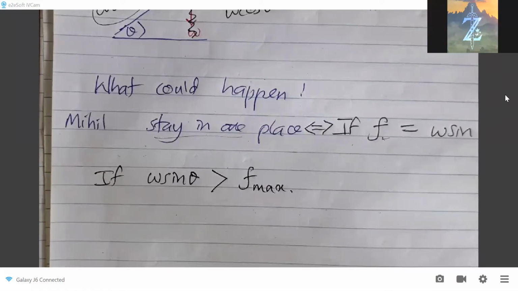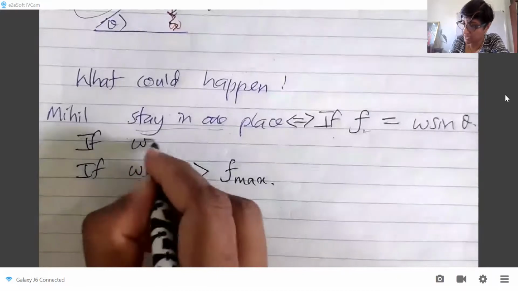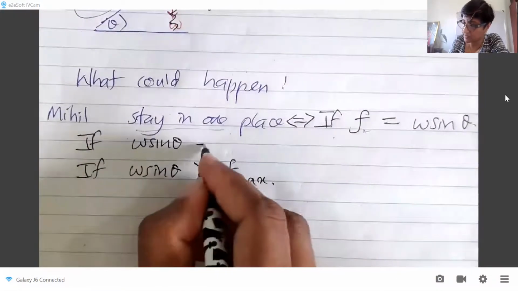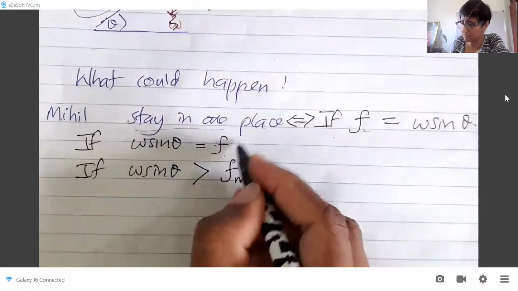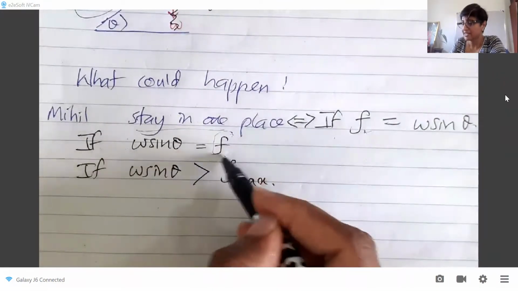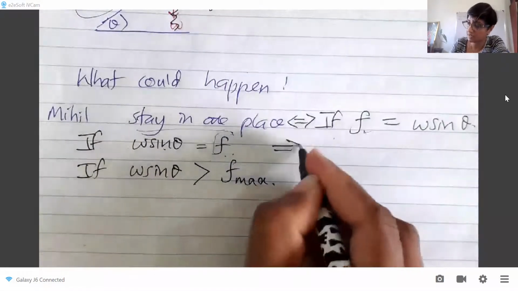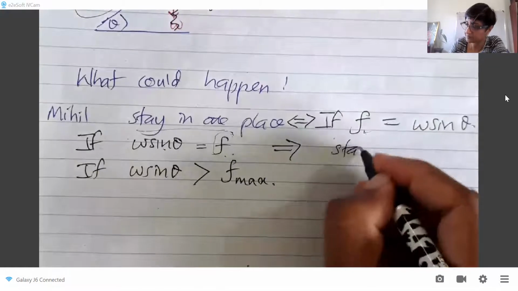Yes. Right. Okay. So if I write the first scenario again, if W sine theta is equal to F, or it could be F or F max, who cares? Whatever the friction you have, if this is exactly equal to that, it will stay in one place.